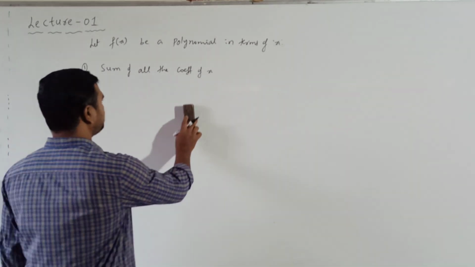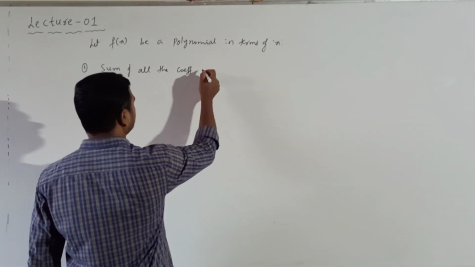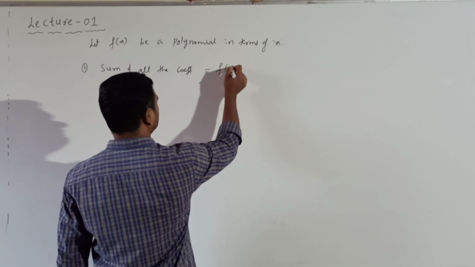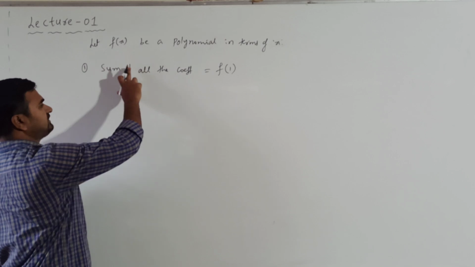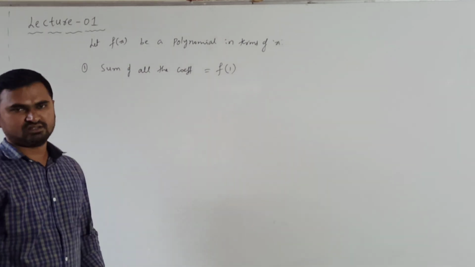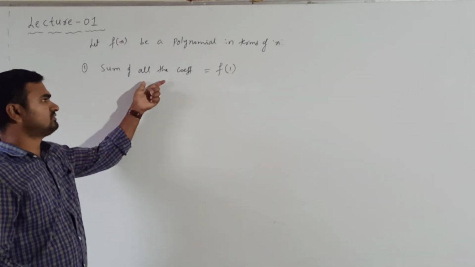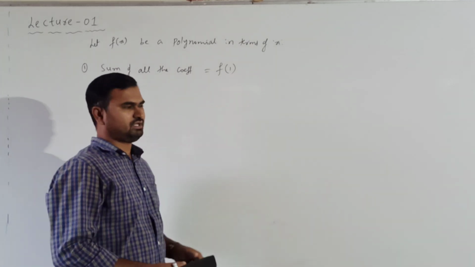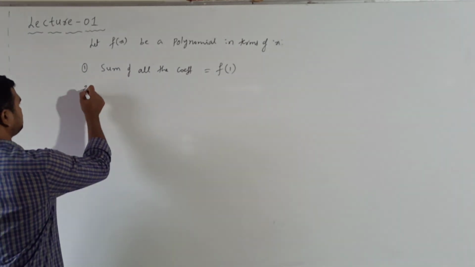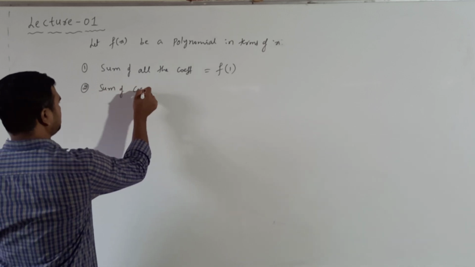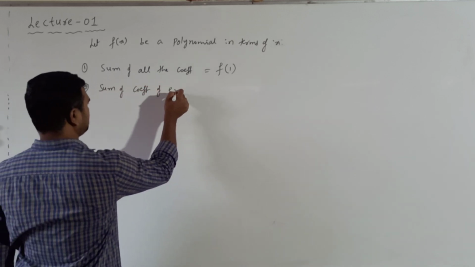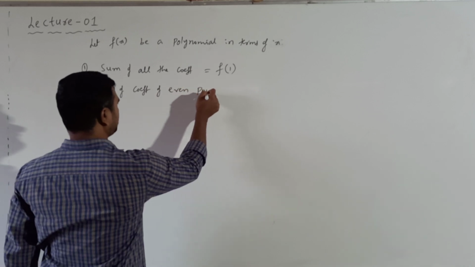Sum of all the coefficients is given by f(1). So in the given polynomial f(x), let us replace x with 1. Then we get the sum of all the coefficients, which is f(1). Next, sum of coefficients of even powers of x.